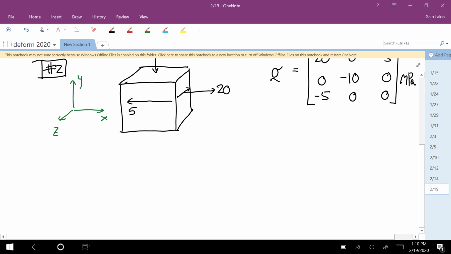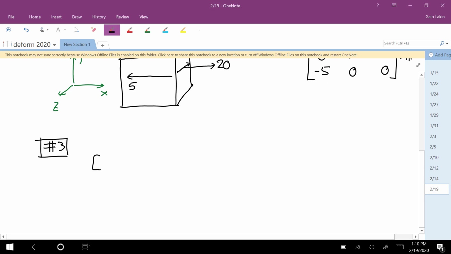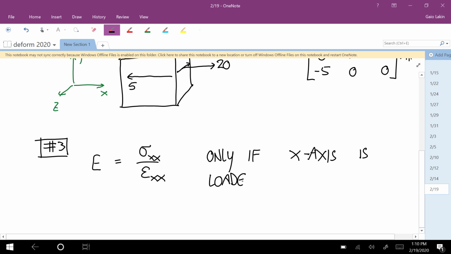Oh, yeah. So this was probably the second most common problem that people had. If you're using a definition of the Young's modulus as the XX normal stress over the XX normal strain, that only works if the x-axis is the loading axis of the member. You know, the loaded axis.